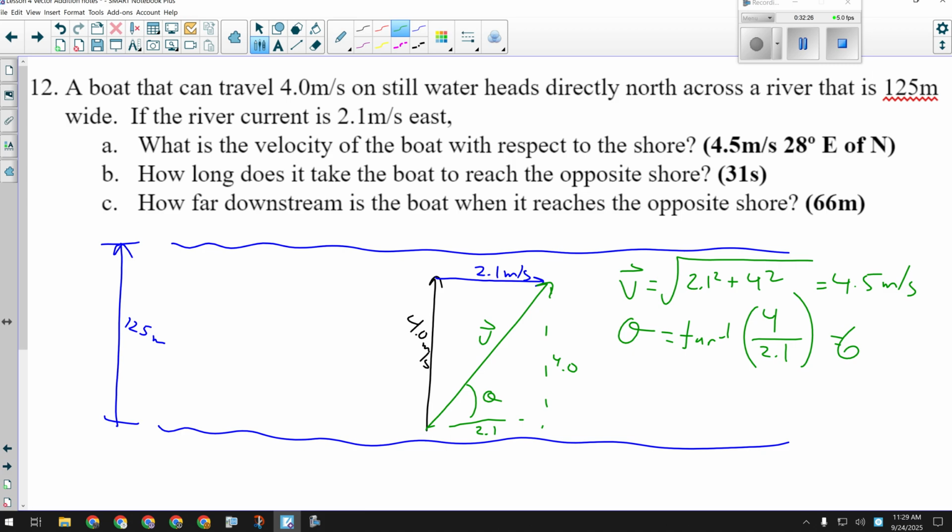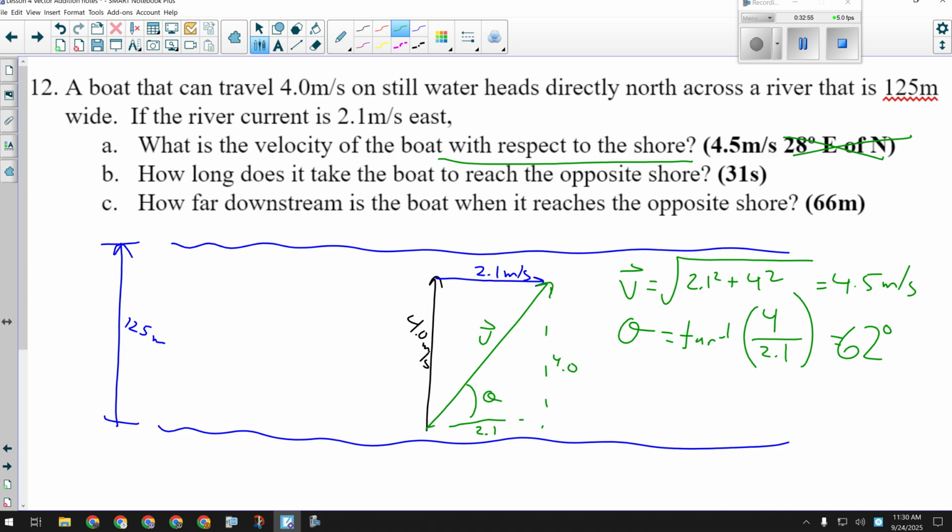Now, the answer doesn't say that. What does that say about the answer? That's wrong. That is not with reference to the shore. That's reference to compass directions, which is fine. They gave me north and east. That's a relevant vector. But if the question specifies which direction it wants it from, I'd better give that direction.